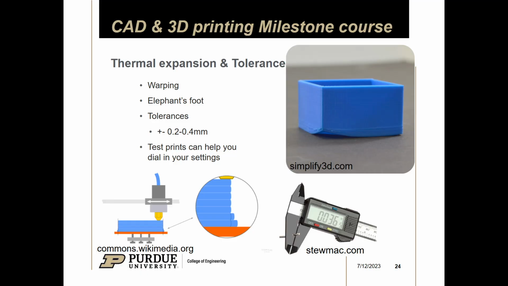And because of the process of 3D printing, you'll typically have slightly oversized or undersized parts depending on what geometry you're looking at. This typically ranges in the 0.2 to 0.4 millimeter area. I think I'm typically a little bit better than this, but this range is something that you want to keep in mind. If you need something more accurate than that, it might be a little bit more difficult.